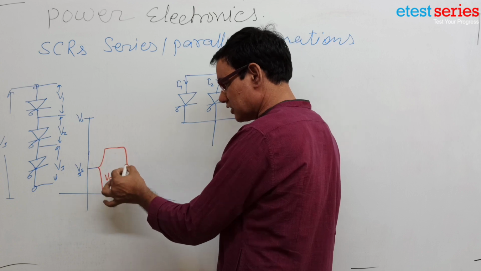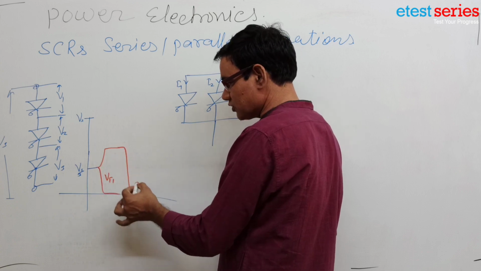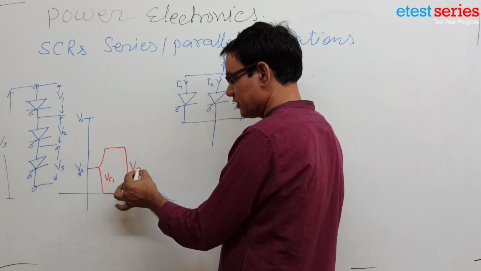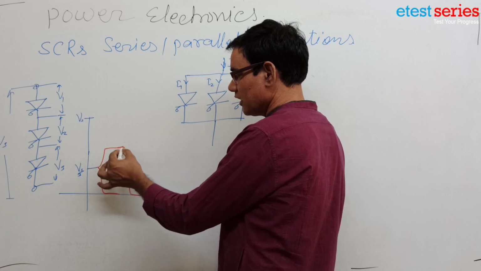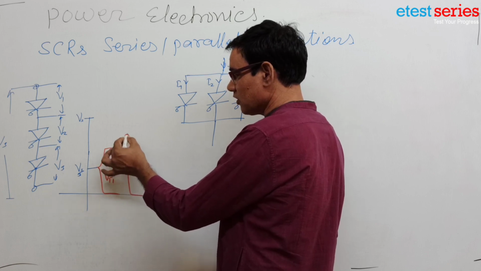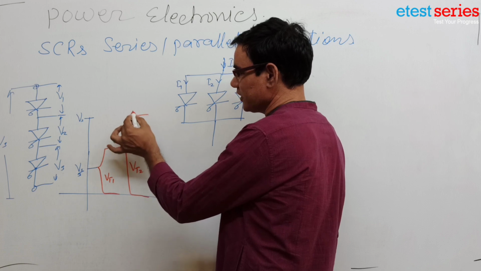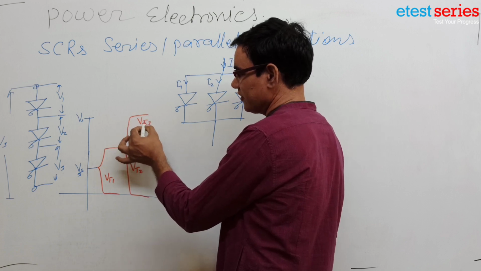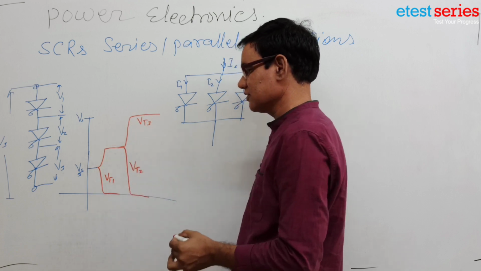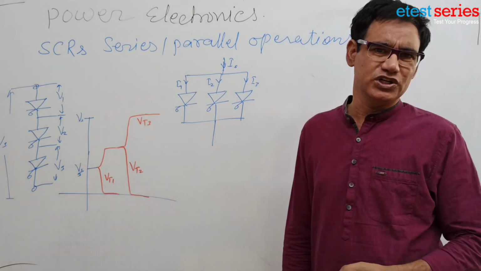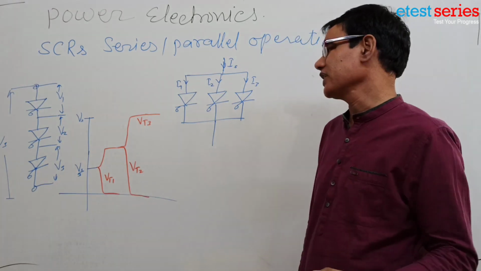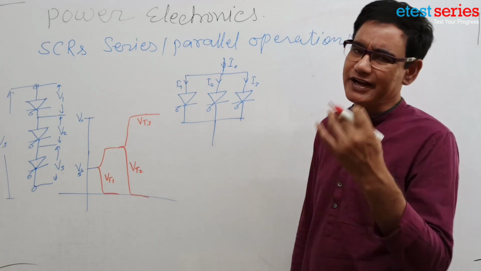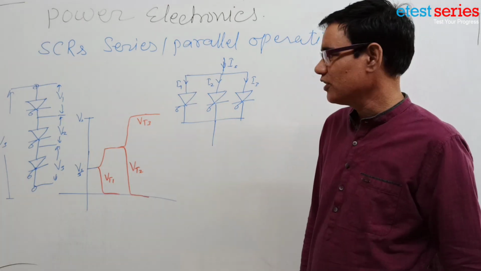Now the second gets turned on, the voltage VT2 becomes 0. And then what happens? The voltage across the third one is Vs. VT3 is Vs. So that is a very high voltage. And due to that voltage, the VT3 will get damaged.